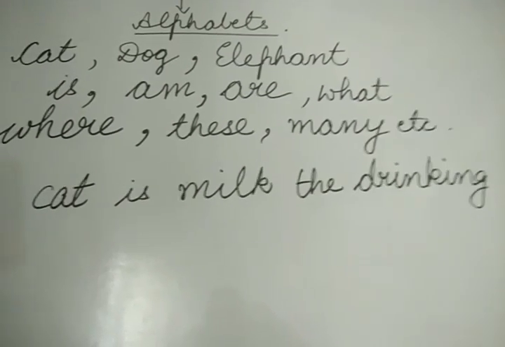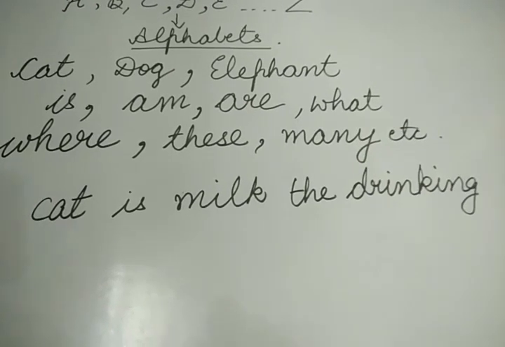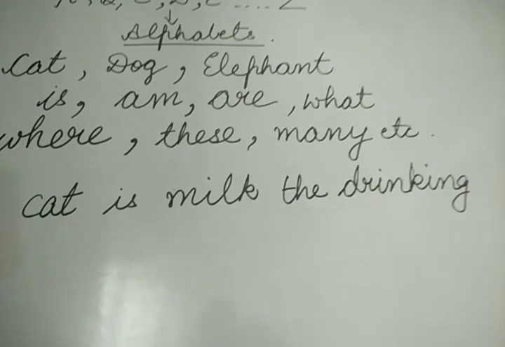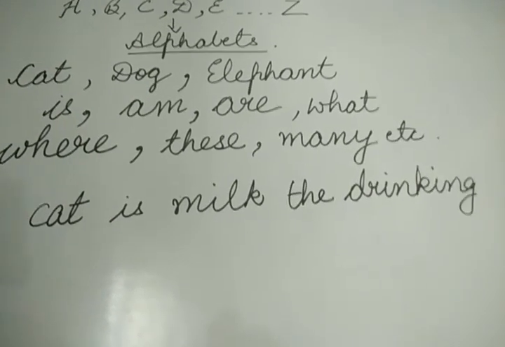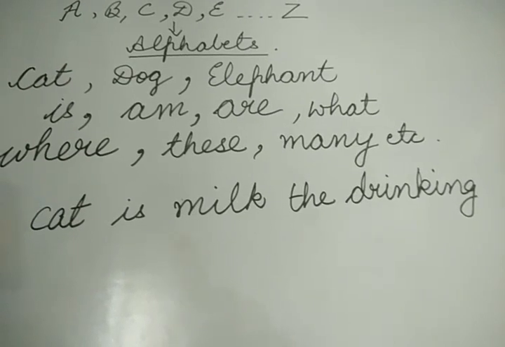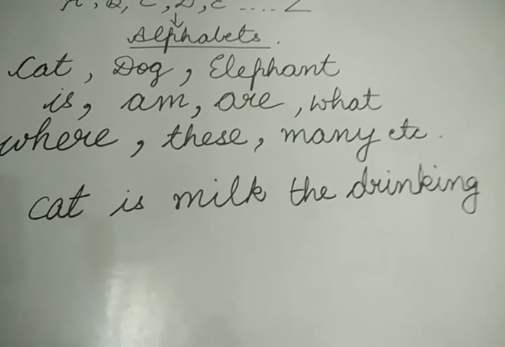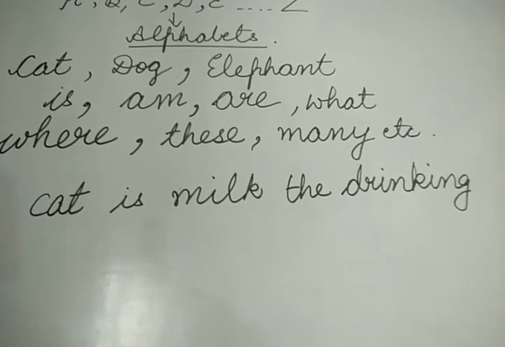But do these words make any sense? Do they have any meaning? Cat is milk the drinking. No, they do not make any sense. They do not have any meaning. But when we write these words in proper order, in proper sequence, then it will have a meaning.